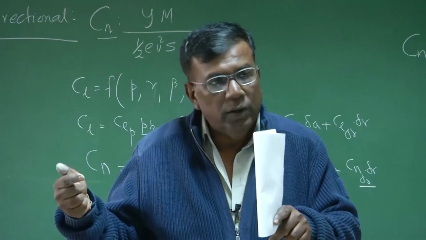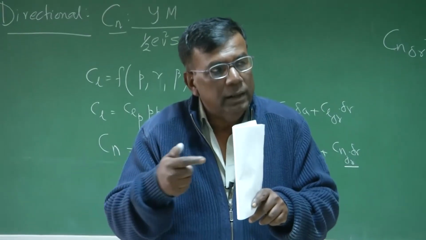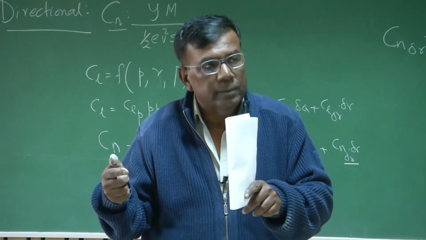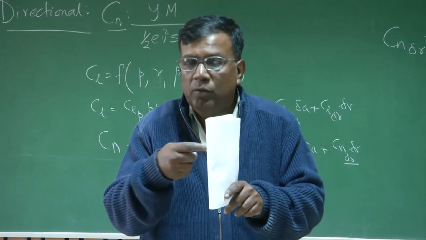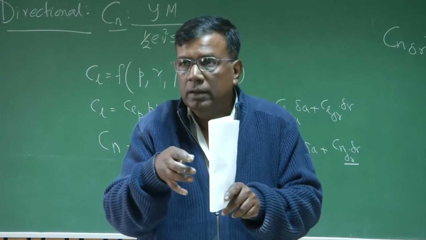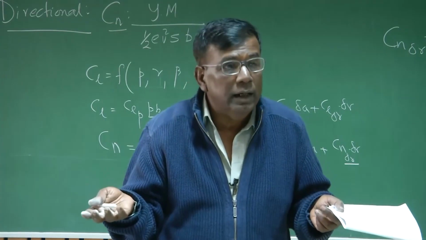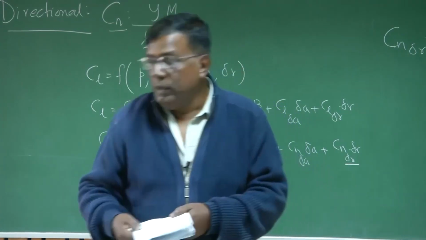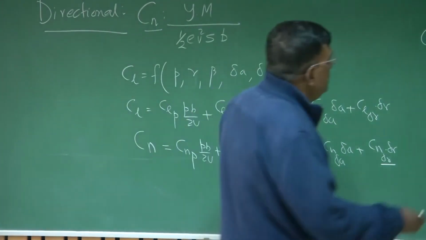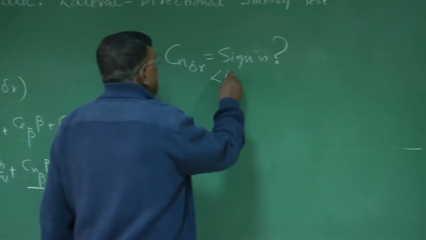Moving forward, it will come towards this, right? This will give what type of yawing moment? CG is in the front. Negative. So what is the sign of Cn delta R? Negative. Very good. So the Cn delta R sign should be less than 0.